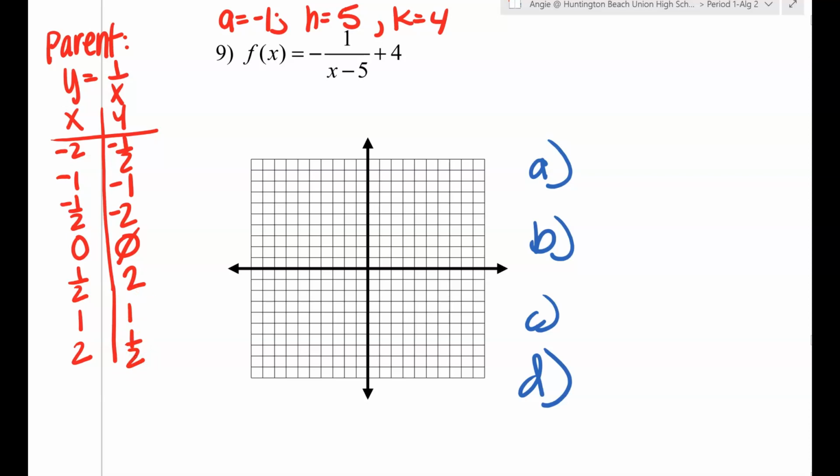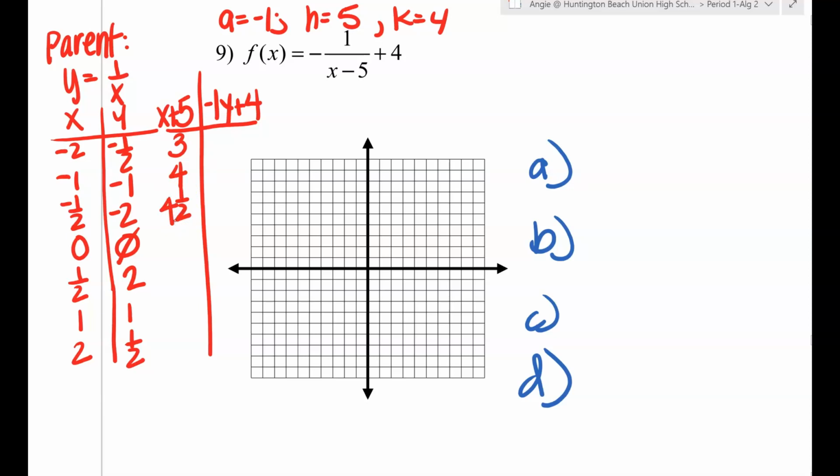Okay, so now I actually have enough space to make my transform table right here. Negative 1 times y plus 4, all right. So negative 2 plus 5 is 3, negative 1 plus 5 is 4, negative half plus 5, that's 4.5.